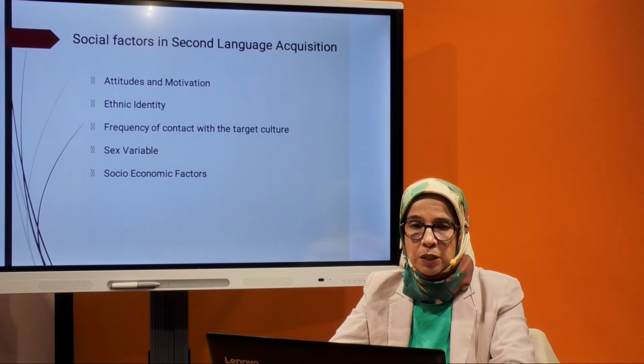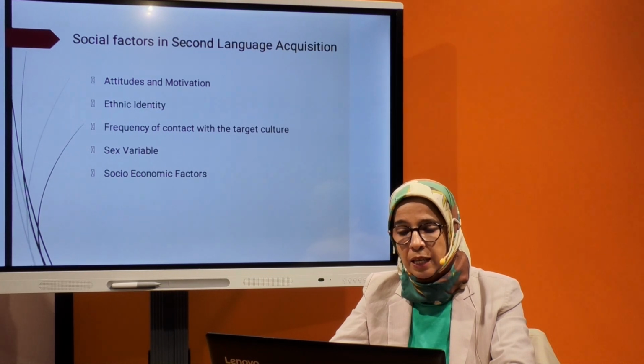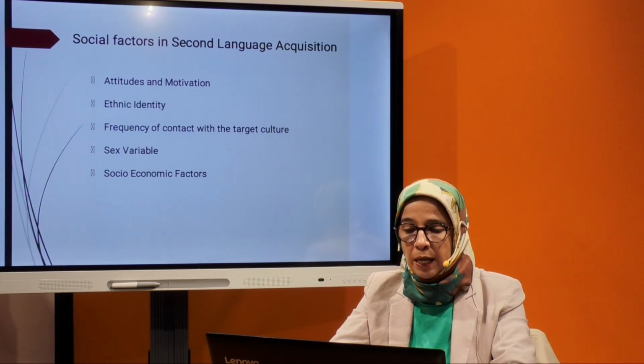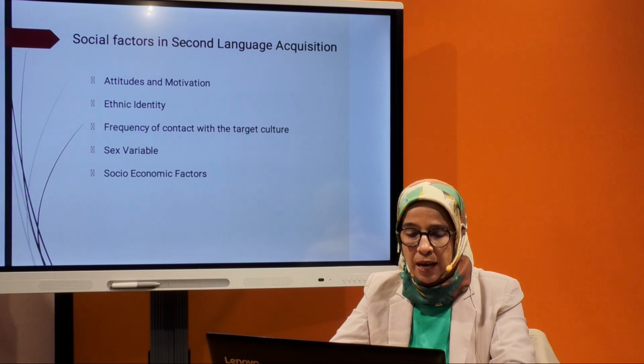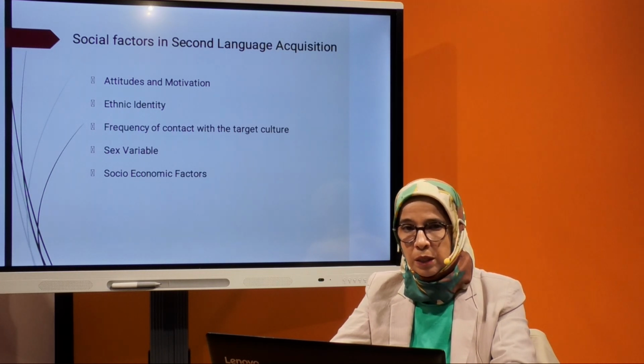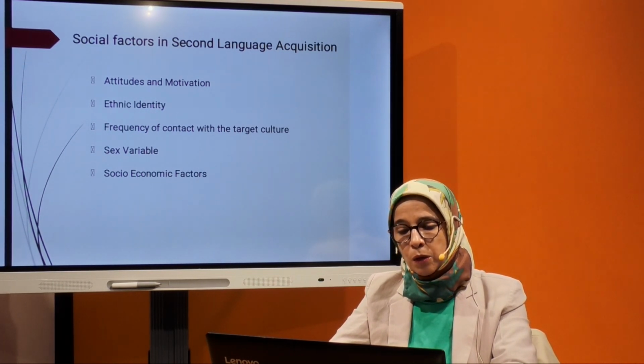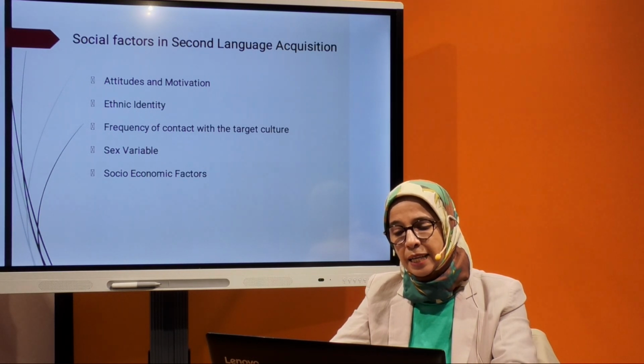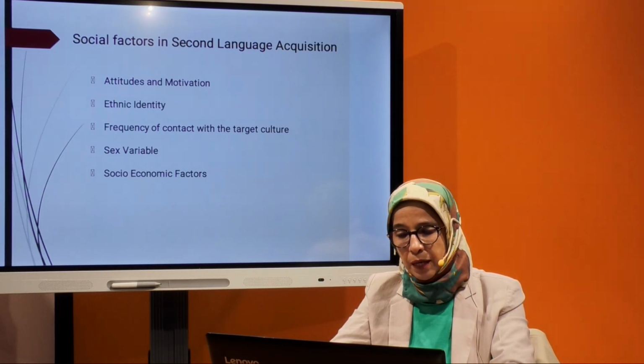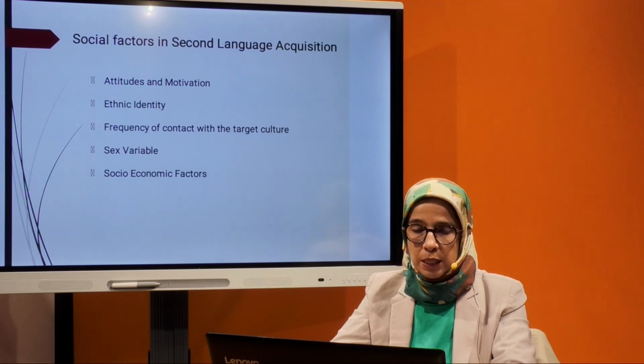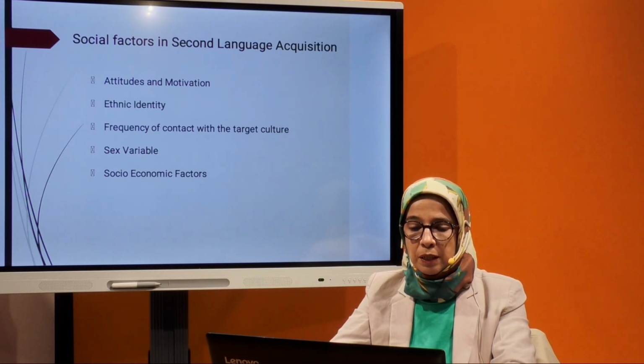Integration was defined as the identification within the other community while still retaining your values and your own heritage, while assimilation is the identification with the certain country while rejecting your own. Okay? So all these stages are very important in SLA.